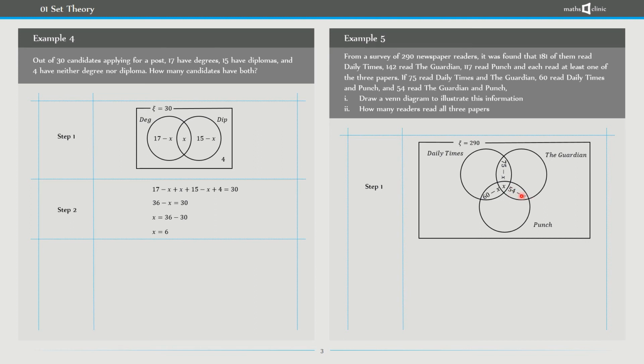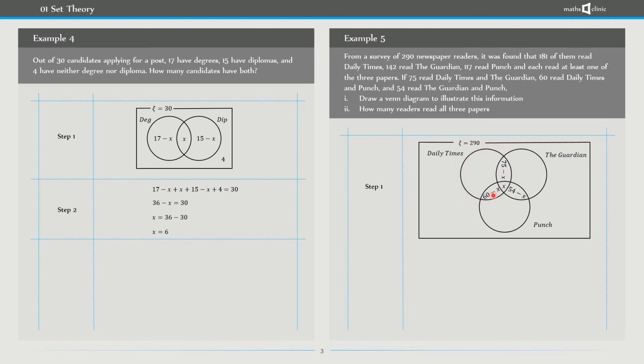The next part we need to do is identify what's in this area. Now we've been told that 181 people read the Daily Times, so this whole circle represents 181.